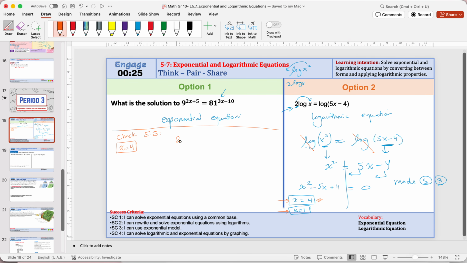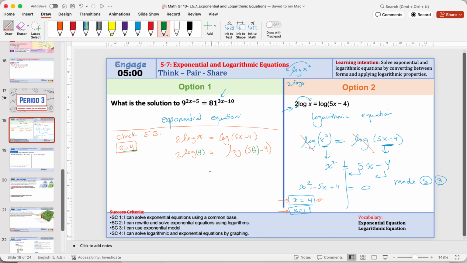Take the original equation, 2 log x equals log 5x minus 4, and then substitute your x with 4. So it's going to be 2 log 4 equals log 5 times 4 minus 4.